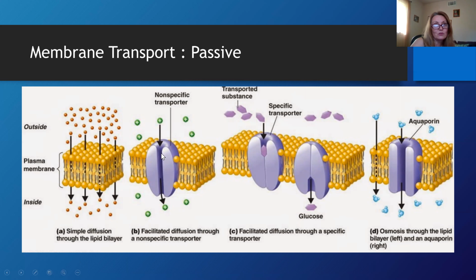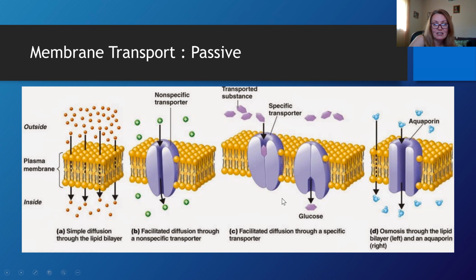And facilitated diffusion means something is going to facilitate this process, right? And what facilitates it is a protein, this transmembrane protein that we call a protein channel. And this one, for example, is non-specific. So that means many different ions and molecules can move through, but most of these proteins are actually specific.